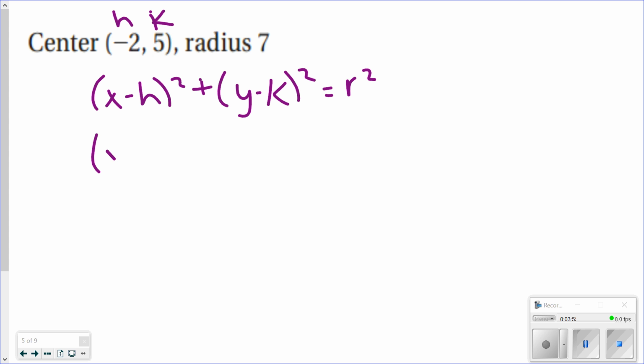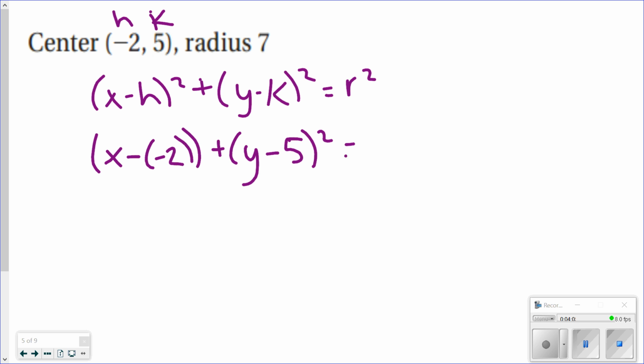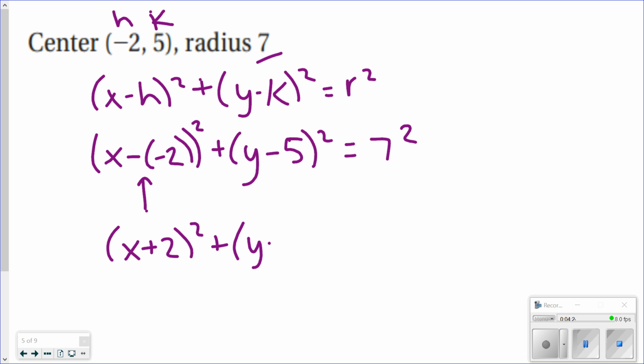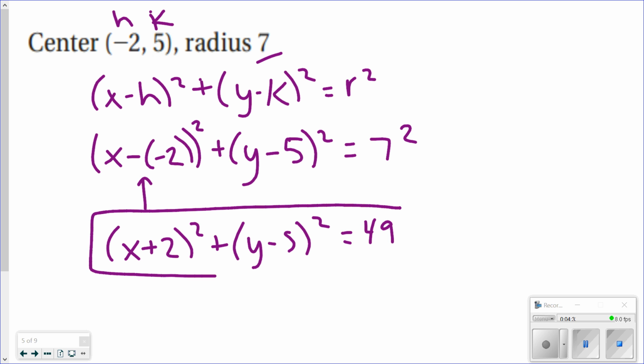So this gives me (x minus a negative 2) squared plus (y minus a positive 5) squared is equal to, radius is 7, so I'm going to have 7 squared. When I look at this minus a negative, I know that that becomes a positive. So I have (x plus 2) squared. I just realized I forgot the squared there. Plus, this doesn't simplify at all, (y minus 5) squared is equal to, and then 7 squared is 49. So here is my equation of this circle.